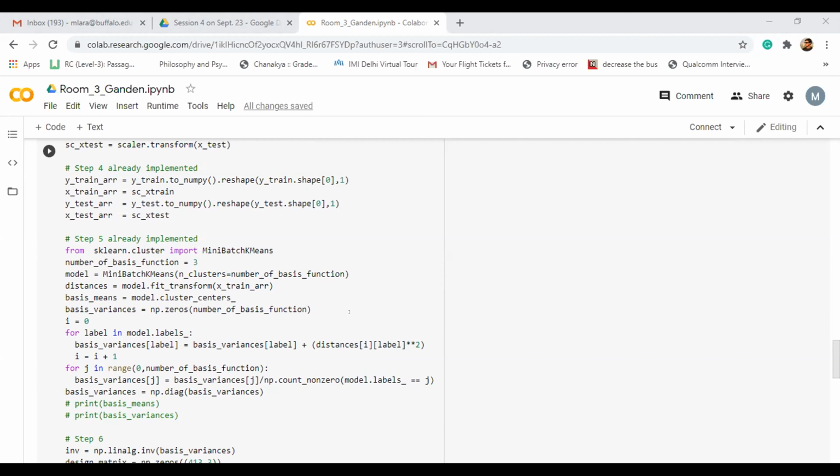Yep. Okay. So now the way he's calculating basis variance is he's adding up all of them for that particular label. For example, if it's the first center, he's adding up all the distances, x minus mu's, for all of that, and then dividing it by the total number of non-zero elements. So he has basically calculated one standard deviation for that entire center's multivariate Gaussian distribution. For 10 variables, he's calculated one standard deviation, right?